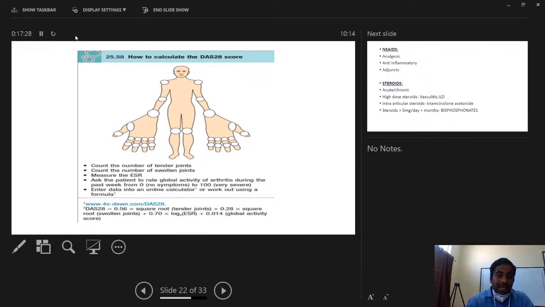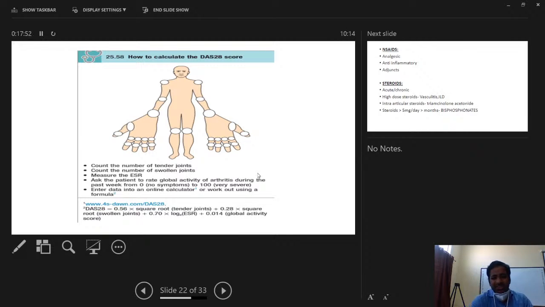How do you calculate the DAS28 score? Because there's usually one ask in your vivas. Count the number of tender joints; let's say the patient says these joints are involved. Count the number of swollen joints as well. Measure the ESR. Then ask the patient to rate the global activity of arthritis during the last week from 0 to 100.